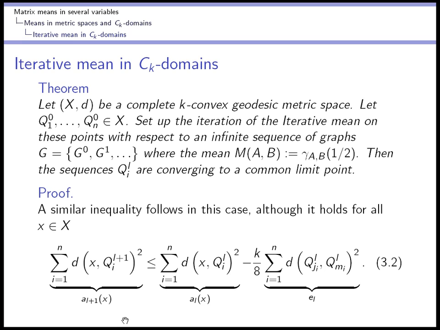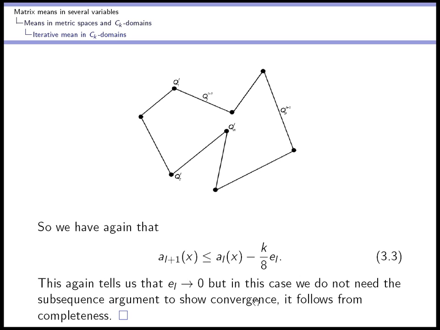Now, this inequality says that A_{l+1}(x) is smaller than or equal to A_l(x) minus a factor, which is called E_l. That is actually the sum of squared distances measured over the edges of the graph, now multiplied with this factor k over 8. So we have this corresponding inequality, 3.3.